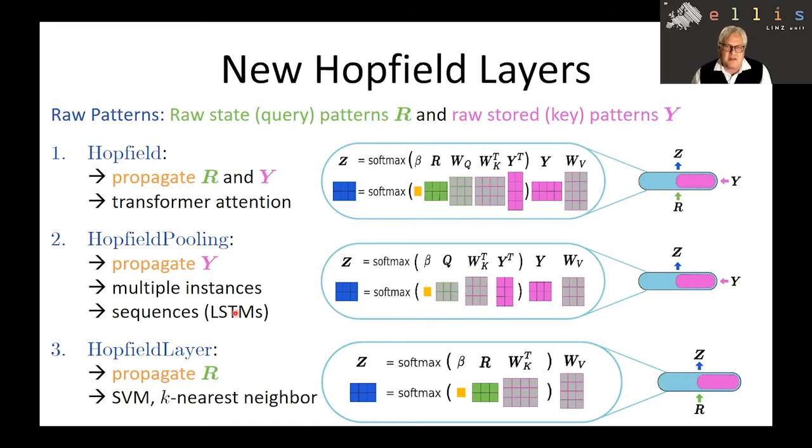And then there's the last application where the memory is filled with something. It could be intermediate results from previous layers. It could be the training data. It could be prototypes, database information, whatever you can think of, you can load in.